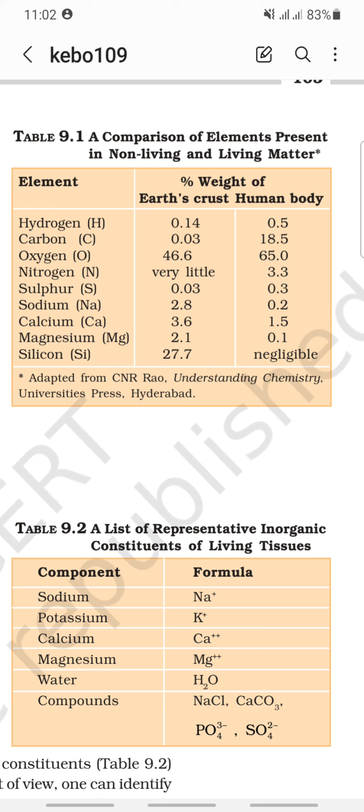Hydrogen 0.14, 0.5; carbon 0.03, 18.5; oxygen 46.6, 65.0; nitrogen very little, 3.3; sulfur 0.03, 0.3; sodium 2.8, 0.2; calcium 3.6, 1.5; magnesium 2.1, 0.1; silicon 27.7, negligible. Adapted from C.N.R. Rao, Understanding Chemistry, Universities Press, Hyderabad.